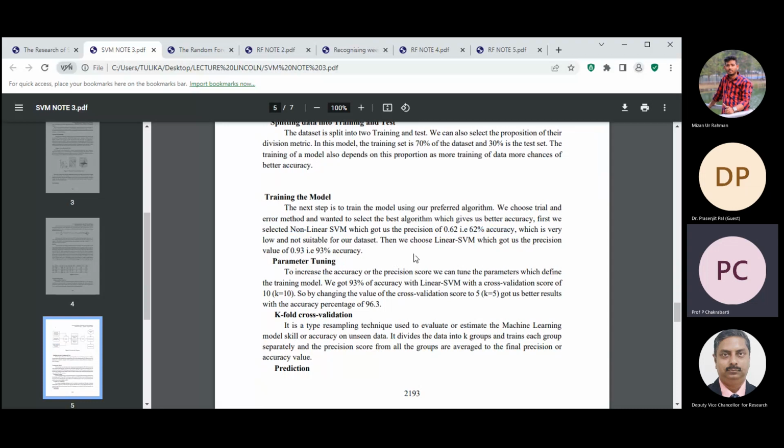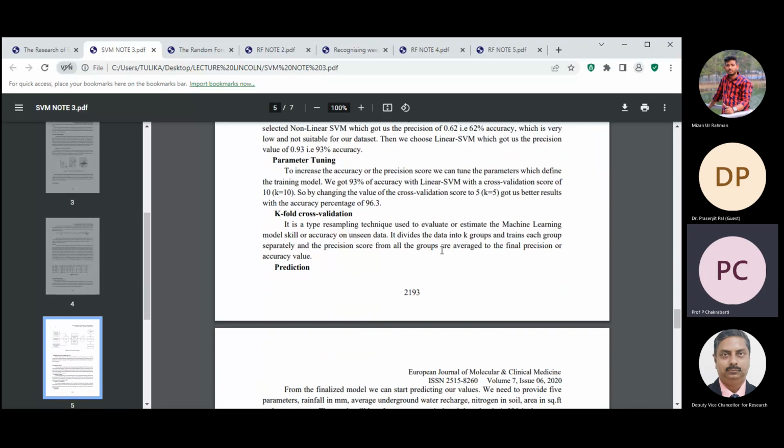For that reason, they chose the linear SVM. From non-linear to linear, they again did the parameter optimization, trained the model, tested the model, and got a precision value of 0.93, that is 93%.